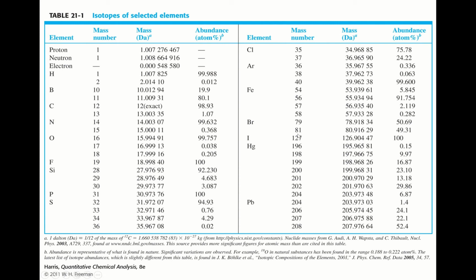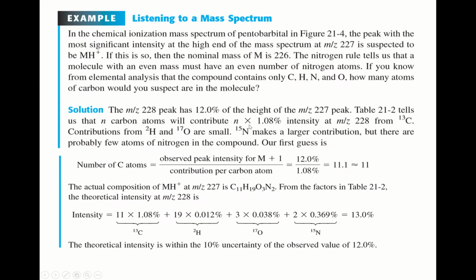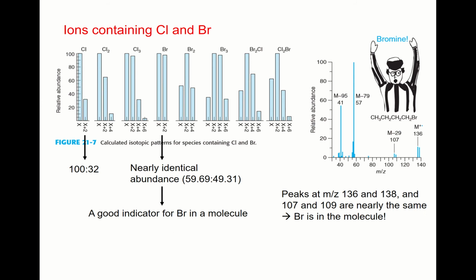But mass number 81 is almost half, just a little bit smaller than mass number 79. This abundance is 49.31%. This mass distribution gives us a very good insight into the compound, whether the compound contains bromine or not.